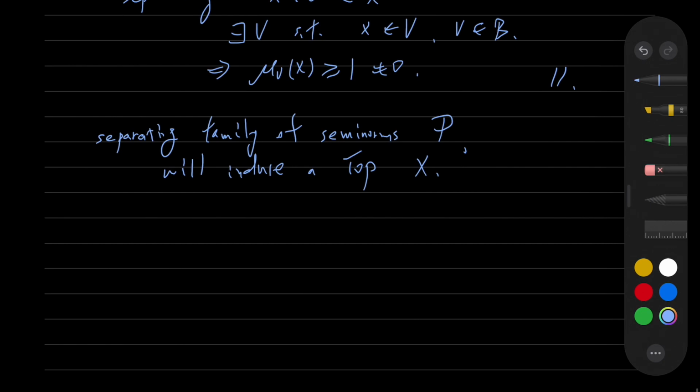And as we saw before, if we already have a topology with a local base B, we can construct this separating family of seminorms, and this will again give you a topology, right? And we will prove in the next one that these are actually equivalent, so nothing is going wrong here. So this we'll do in the next video.